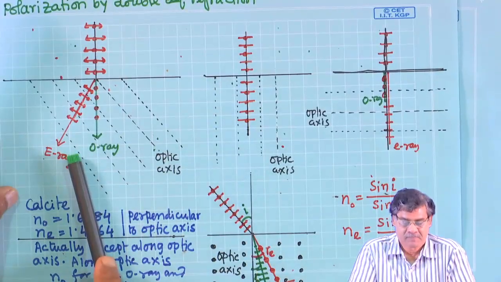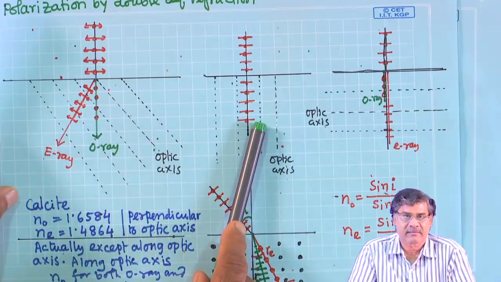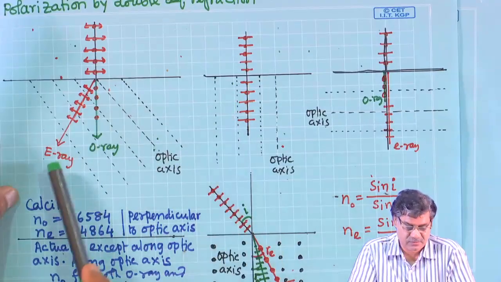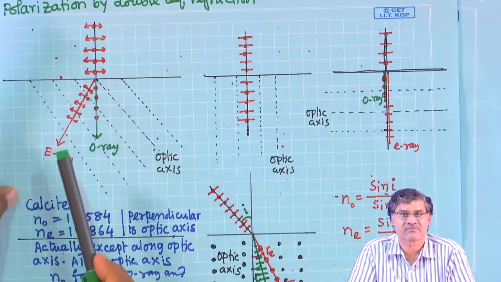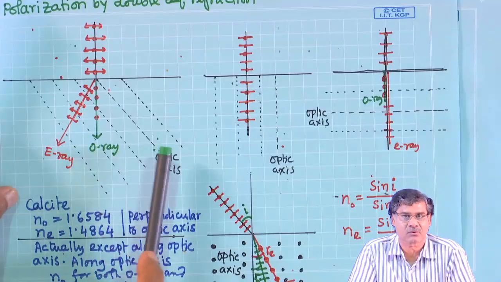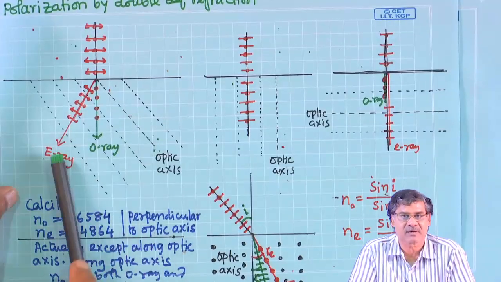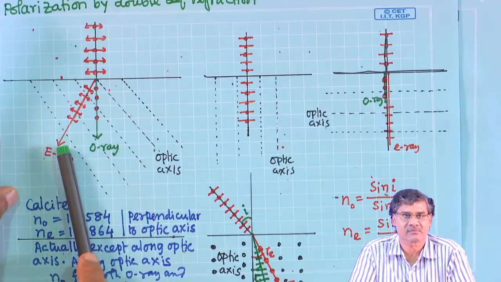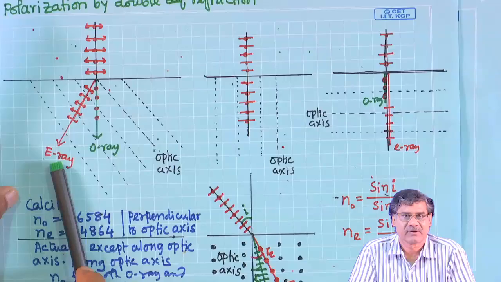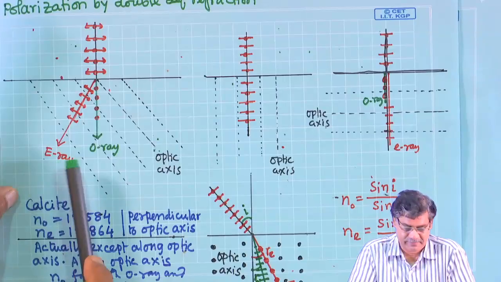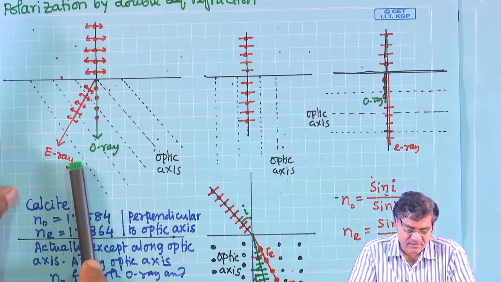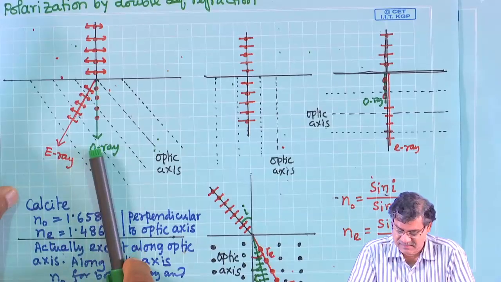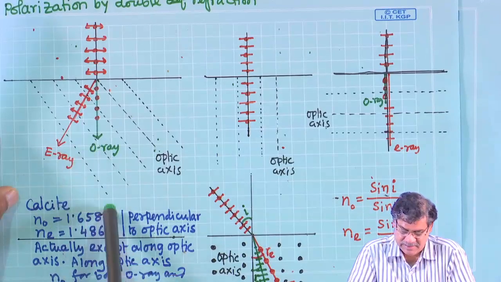I said that the E ray does not follow Snell's law, but that is not true. This happens because the refractive index is different for the E ray. Actually, I should not tell it that way.